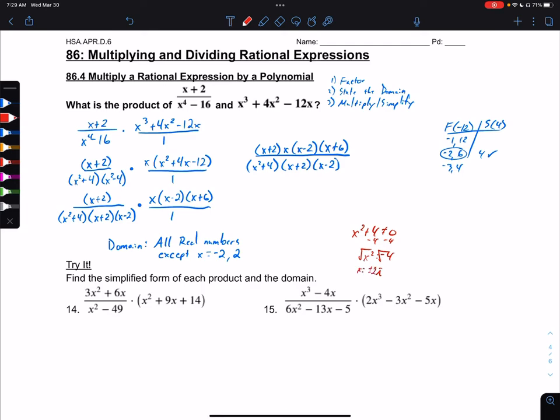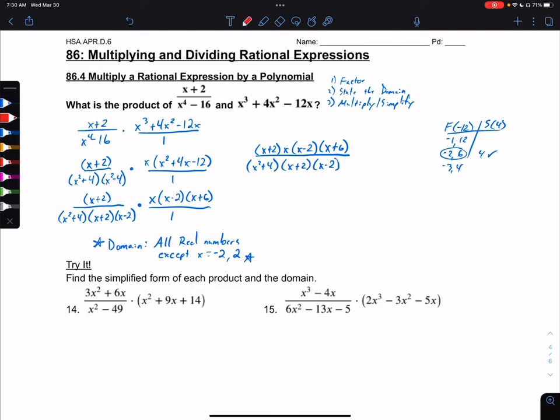Positive and negative 2i are not exceptions to our domain because they're not real numbers, they're complex numbers. So it's impossible for that x squared plus 4 to be equal to 0. So there's no limitation there. We don't have anything that's added to our domain from the x squared plus 4. So my domain is complete. Just can't be negative 2 or positive 2.